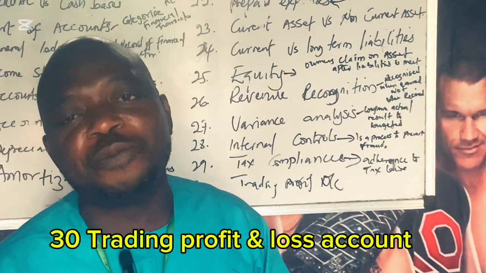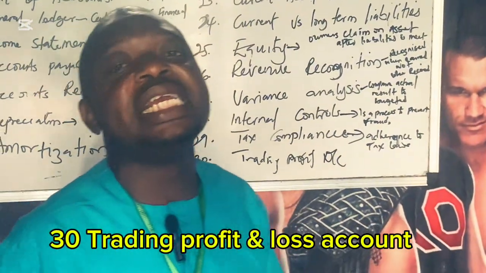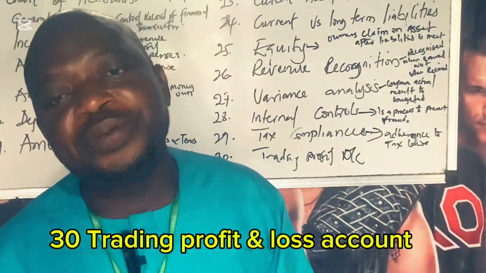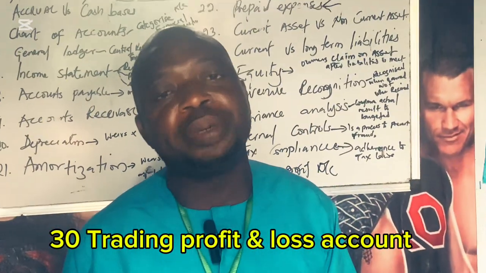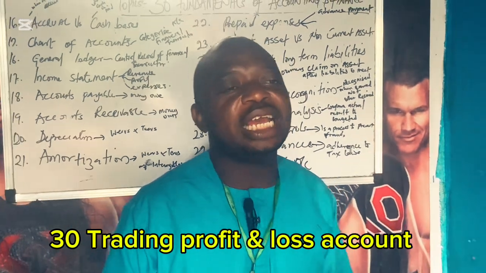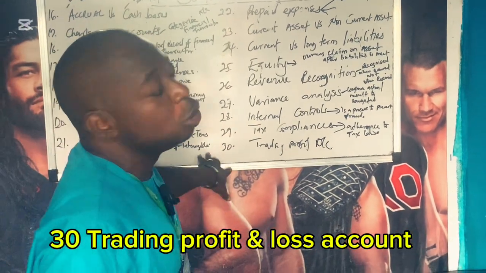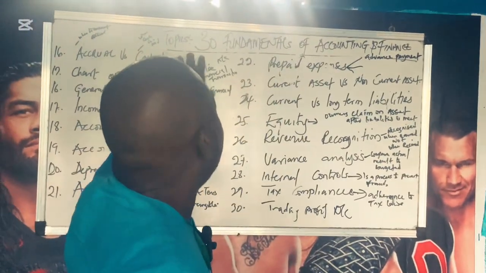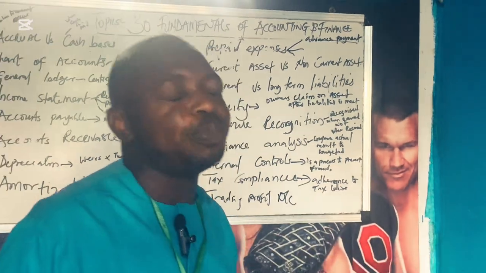The trading profit and loss account shows at the end of the year the profitability of a company, or the profit margin of a company. I hope with this analysis from 16 to 30, you're able to grab one thing or the other about the 30 fundamentals of accounting and finance principles.